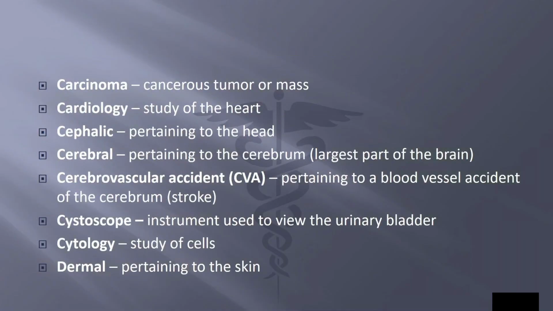Then we have the combining form of carcino, which means cancer or cancerous. So carcinoma, we already found out above that oma means tumor or mass, so carcinoma is a cancerous tumor or mass. Then we have cardio, which means heart. So cardiology, study of the heart.